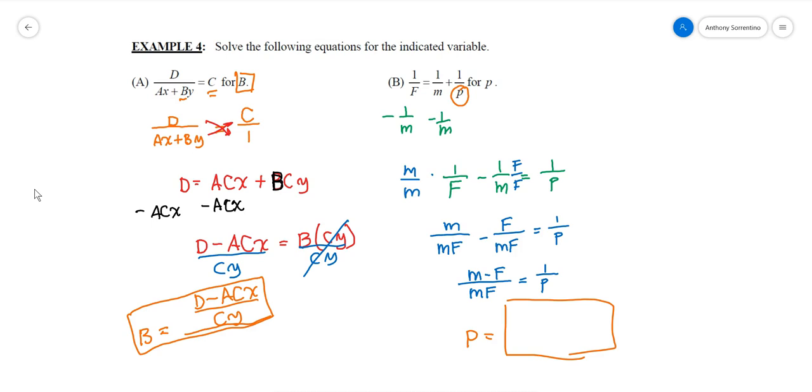I could cross multiply and give myself more work to do, but it stands to reason that since p and 1 over p are reciprocals, then p should equal the reciprocal of this side. So I'm going to have mf over m minus f, and that solves the equation for p.